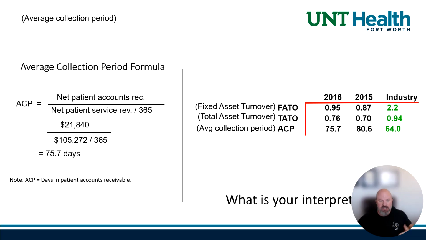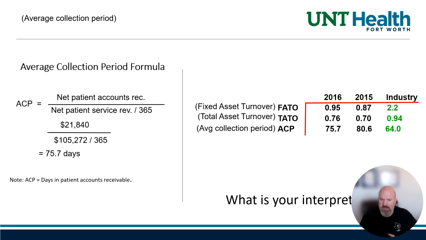If that is less than your days of cash on hand, that is a strong financial position to be in, because if your revenue stopped, at least you would have the cash on hand to take care of your costs. If that changes and your average collection period is way higher and your revenue stops, then you may run out of money before you get more cash in, and that creates a huge problem.